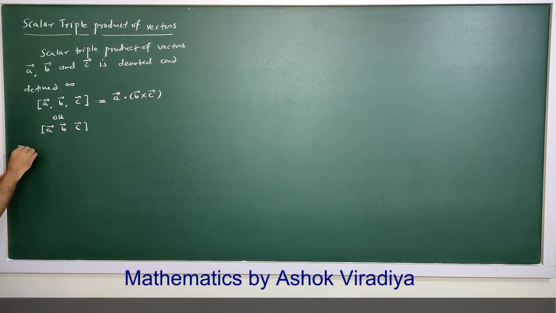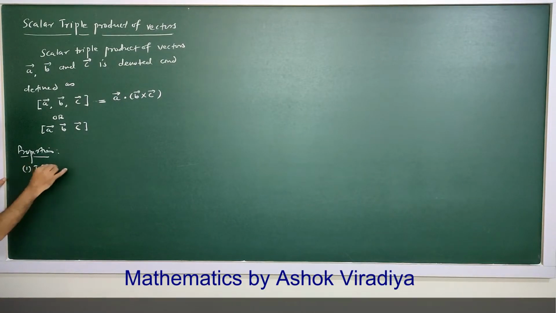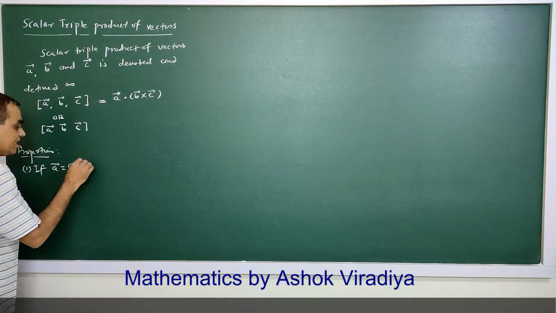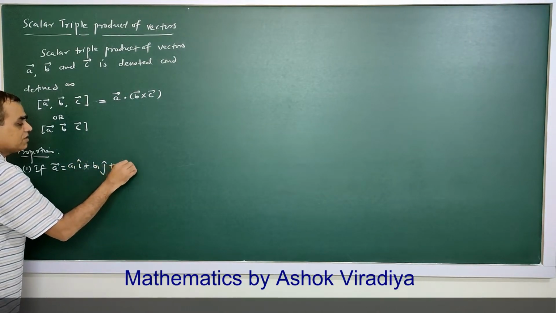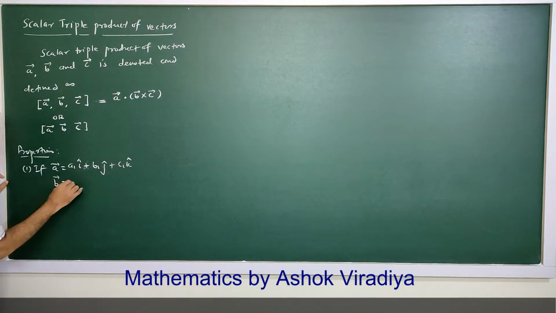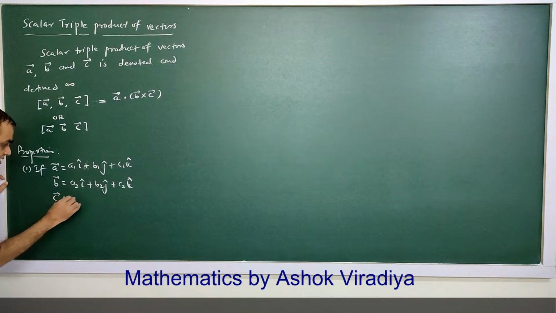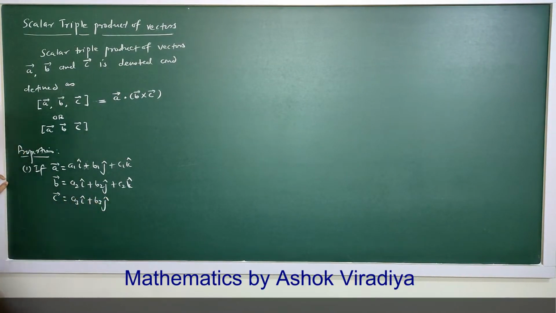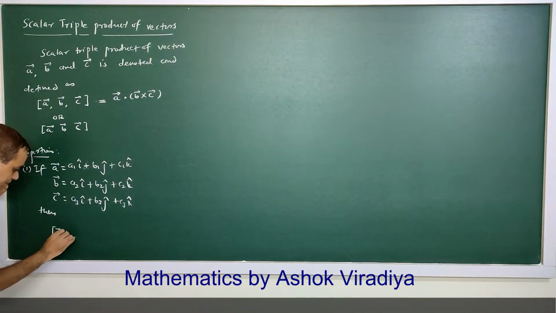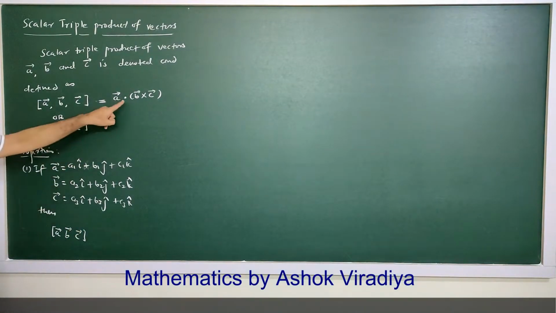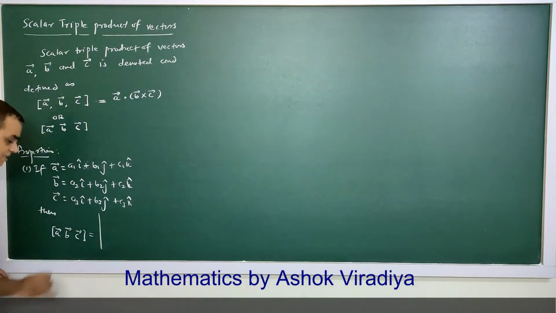Now see, here properties. If vector A is A1i plus B1j plus C1k, vector B is A2i plus B2j plus C2k, vector C is A3i plus B3j plus C3k, then the scalar triple product of these vectors, or value of this dot product, can be obtained by a determinant.